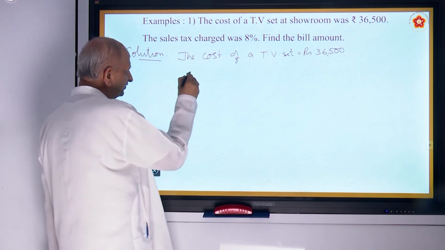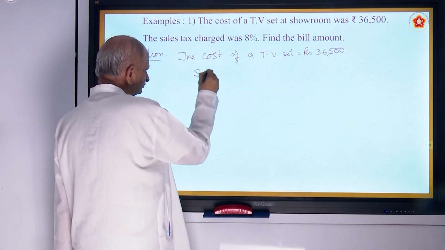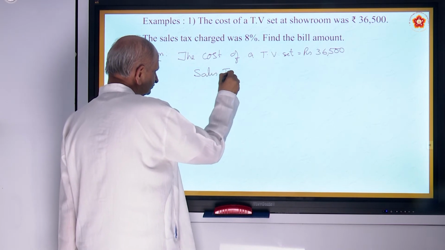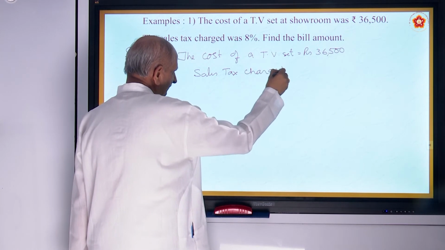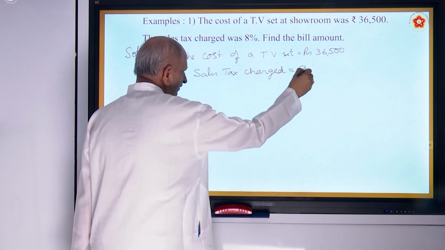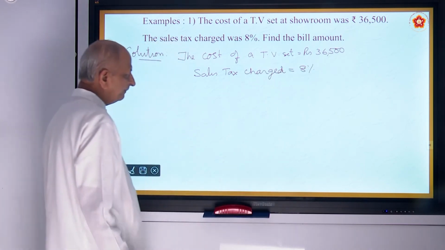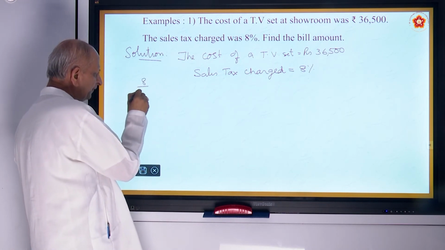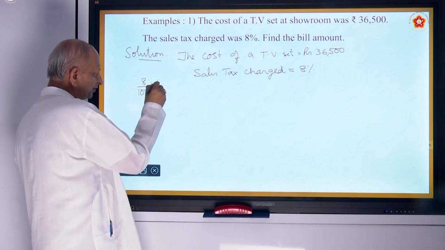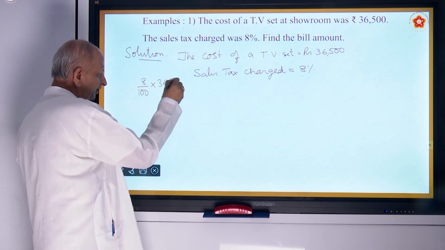And the sales tax charged is 8%. How much it becomes? 8% means. So for 100 rupees, 8 rupees is the tax. For 36,500, you must see.